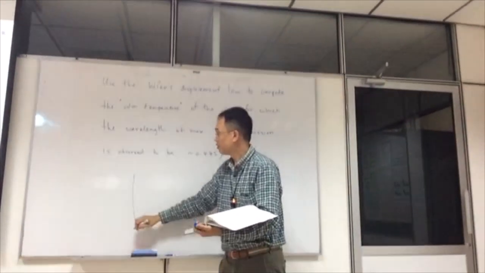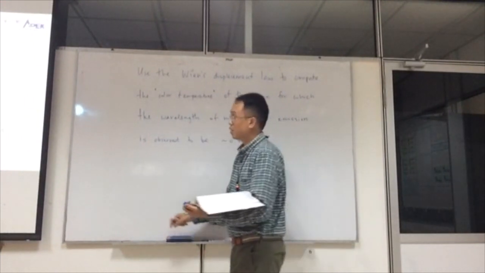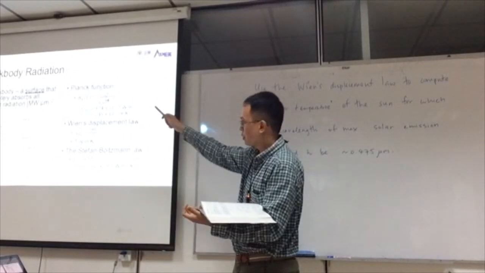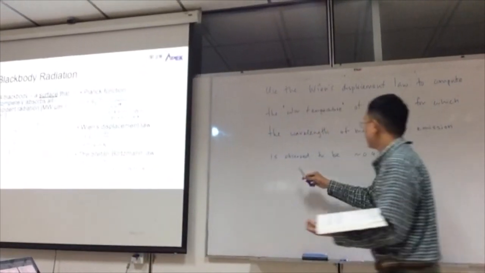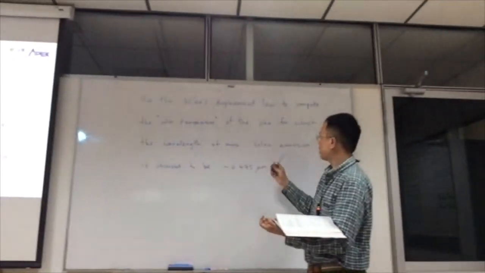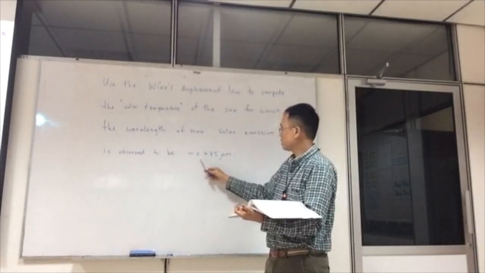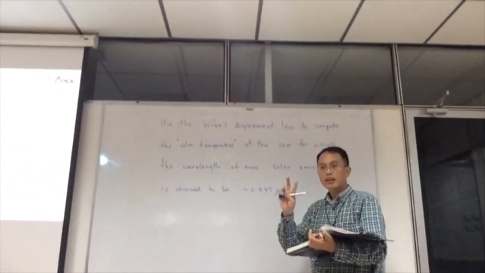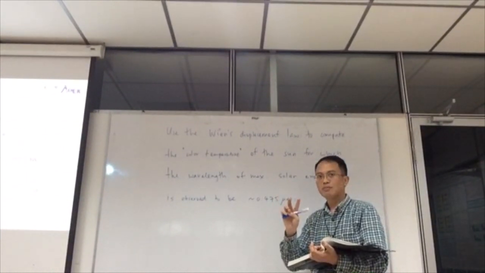Remember this curve? I don't have to draw this because you can see it there. Notice the curve is at its maximum at a certain wavelength, right? That maximum wavelength is observed to be approximately 0.475 micrometer, which is again in the visible light wavelength range.